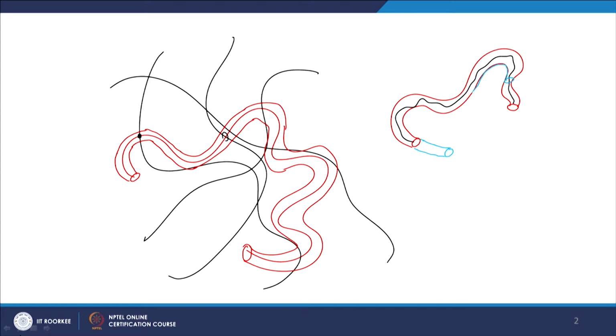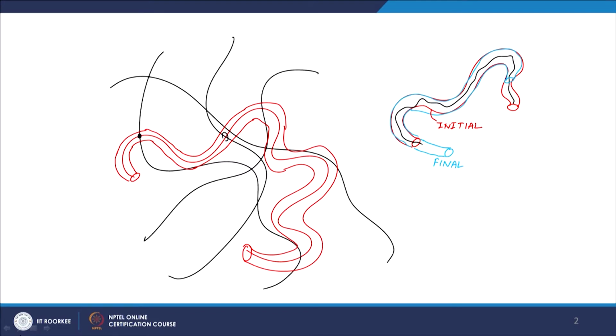So, the blue here will characterize the final tube, and the red would characterize the initial tube, and of course, the polymer has moved.